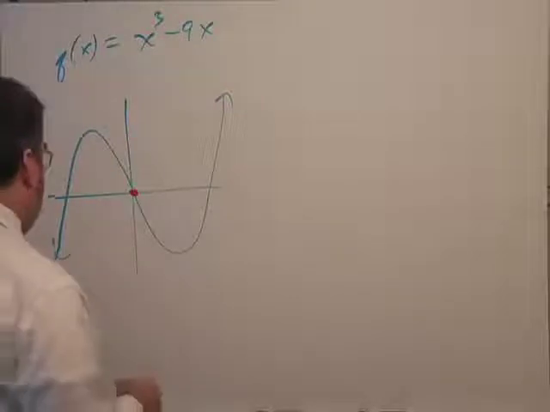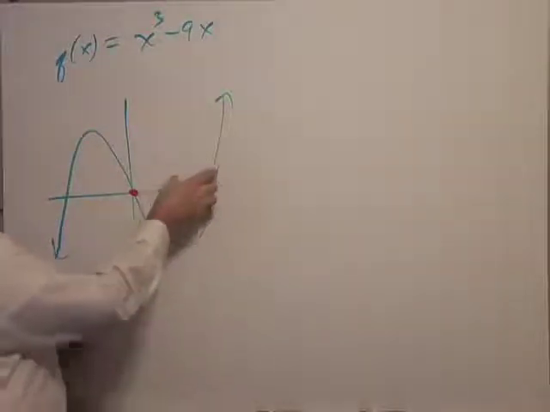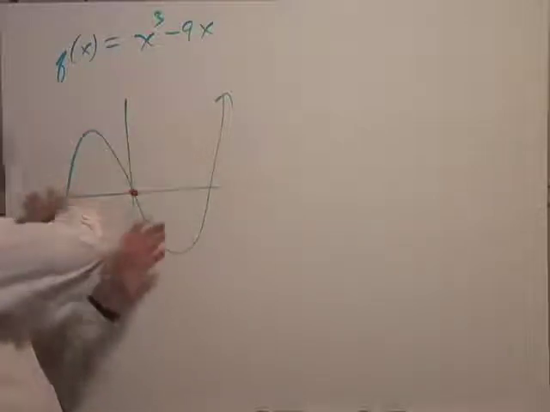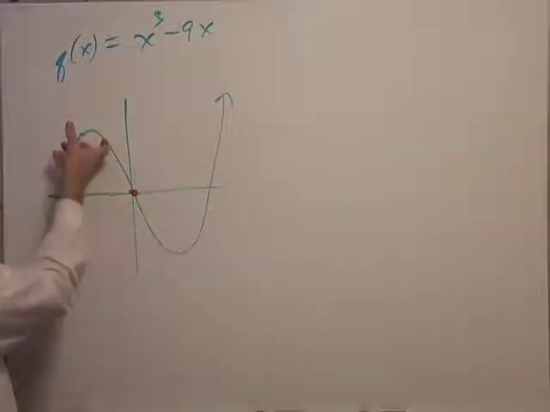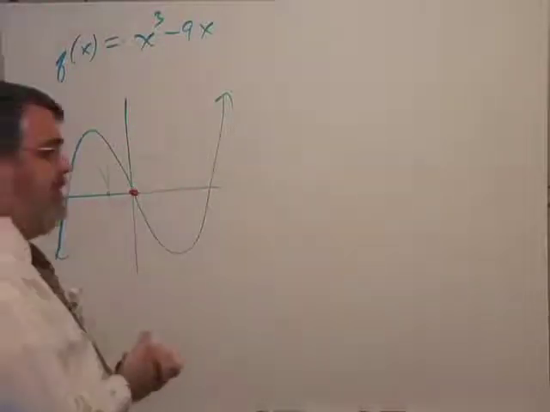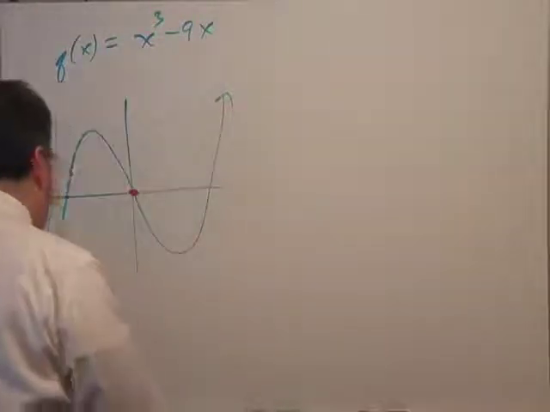Because if I take the right half of this graph and rotate it 180 degrees, or a half circle, then I would get the left half. And same over here: if I took the left half and rotated it 180 degrees, I would get the right half. So that's an example of point symmetry.